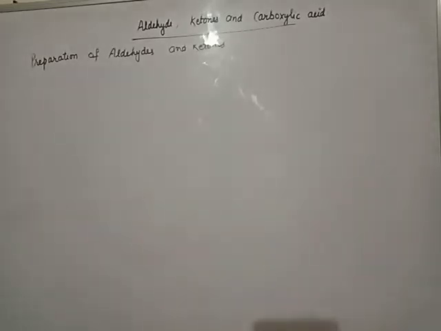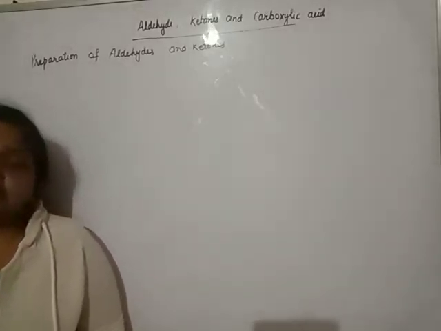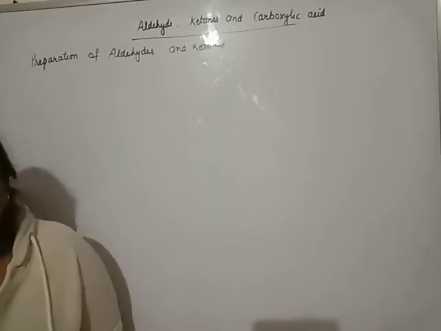Beta, first one is the oxidation of alcohol. By oxidation of alcohol we will get aldehyde and ketone, but the problem of this reaction is that it goes up to the formation of carboxylic acid.